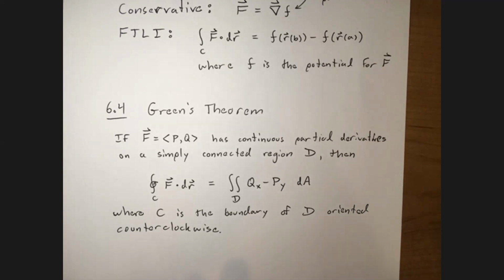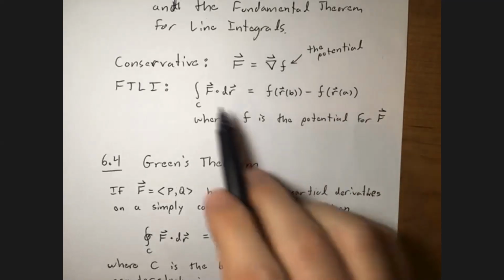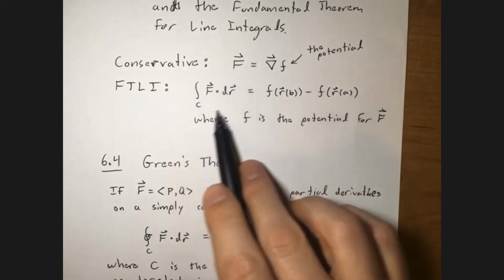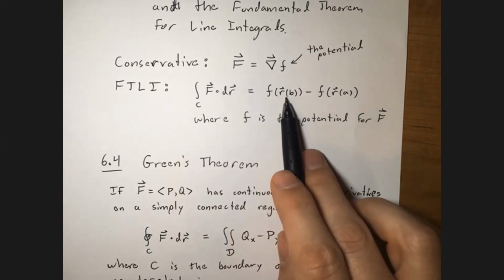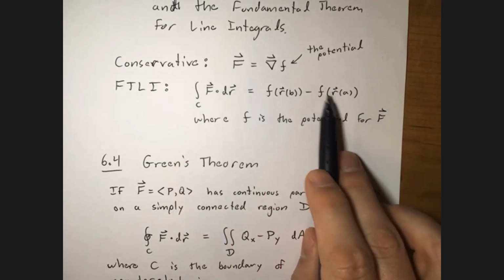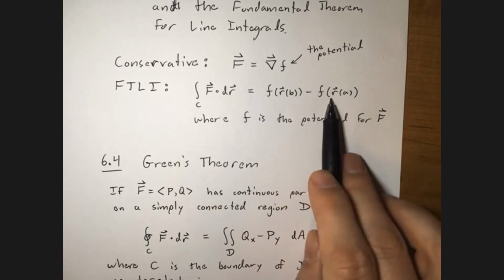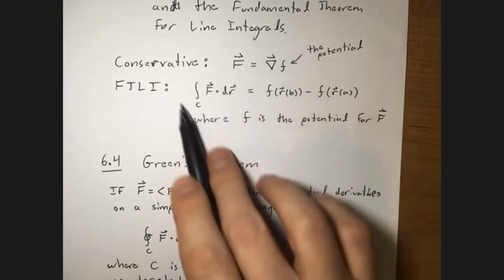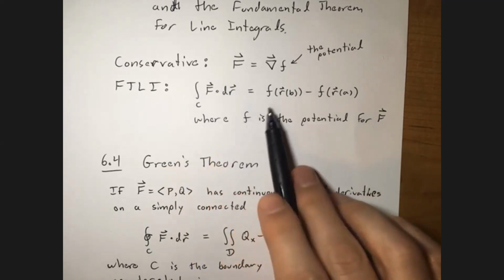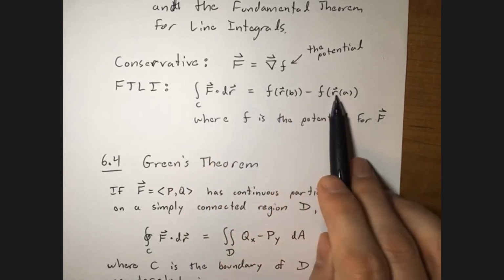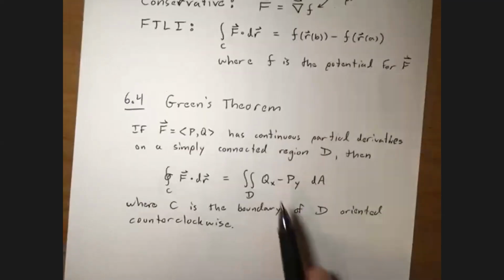Okay, so notice that these are kind of similar. Here we have the integral along a curve ends up being the difference of the points on the boundary of the curve. The boundary of the curve is just the endpoints of the curve. So I'm kind of evaluating this integral along a curve by evaluating at the endpoints of the curve. Same thing here.